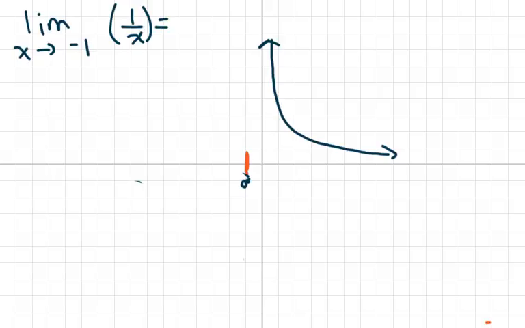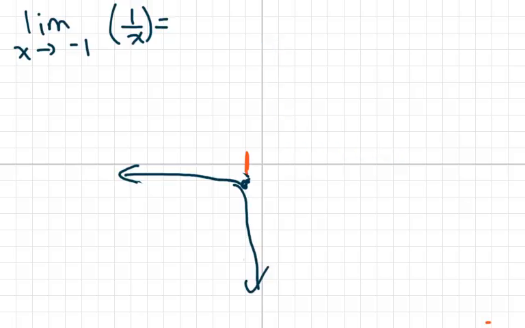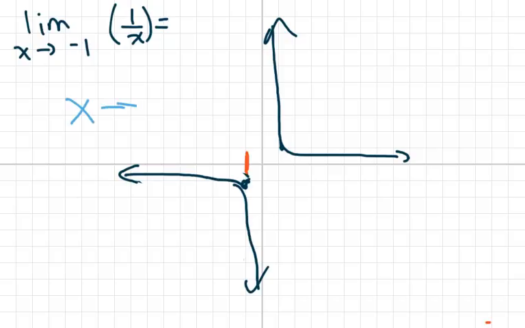So basically, if I were to graph this, this would look like this. And this side would look more like this. But we're just looking at this portion of the graph because we're looking as x approaches -1 from the left on the curve, and then from the right on the curve. And our answer is -1.